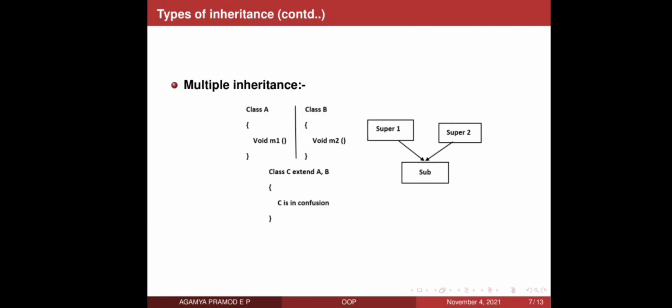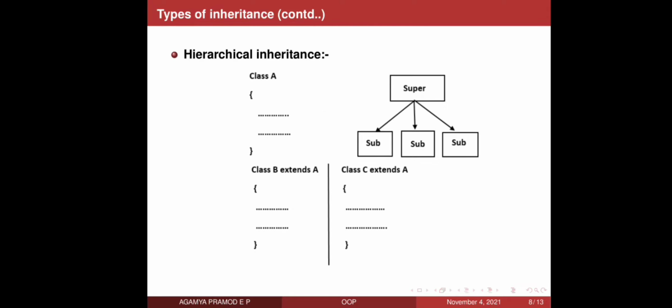That is, there might be a chance of memory duplication. That is the reason Java does not support multiple inheritance through classes. That is, here class A is a superclass and class B is also a superclass and class C is the subclass. The class C extends class A and B at a time. So, C will become confused about which class method should be inherited first.